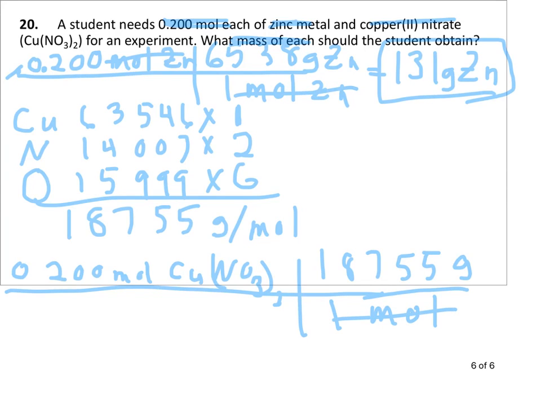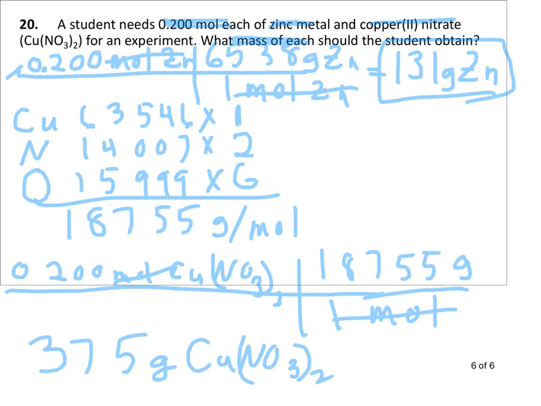Mole cancels the mole worth of grams of copper nitrate, and we do a little multiplying. And I find 37.5 grams, once again 3 sig figs, of the copper nitrate should be massed out.